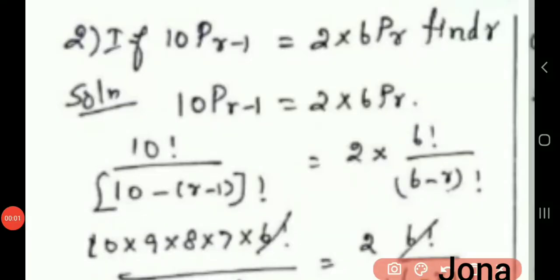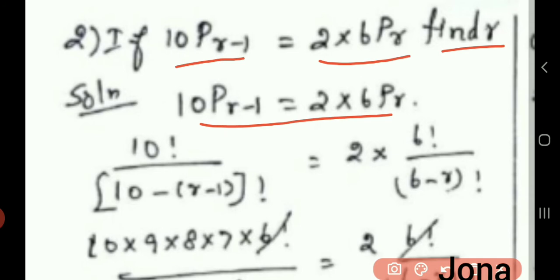Second problem: if 10P(r minus 1) equal to 2 into 6Pr, find r. It's given 10P(r minus 1) equal to 2 into 6Pr. I want to write this using the formula nPr, where n is 10 and r is r minus 1.